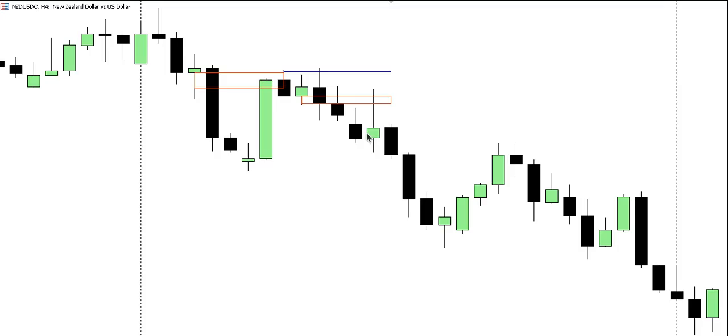We are waiting for this to be reunited with this area of one candle change in delivery for short positions.